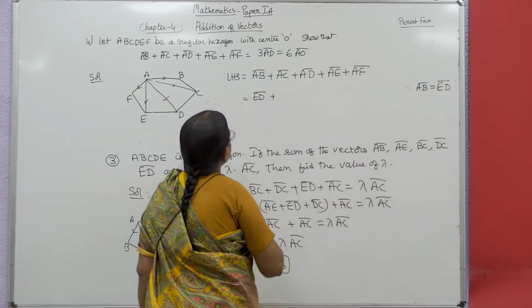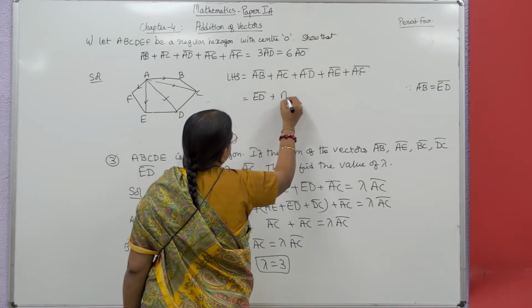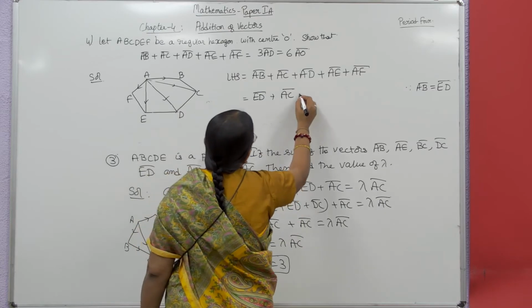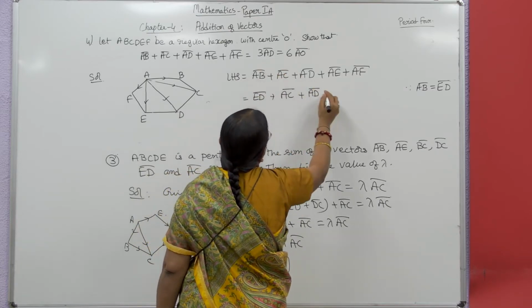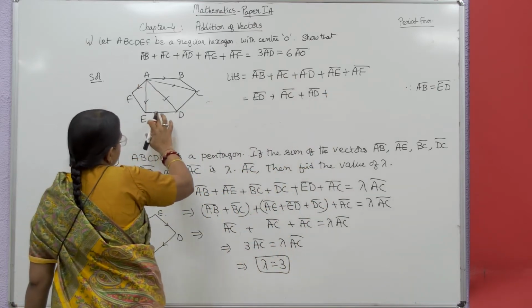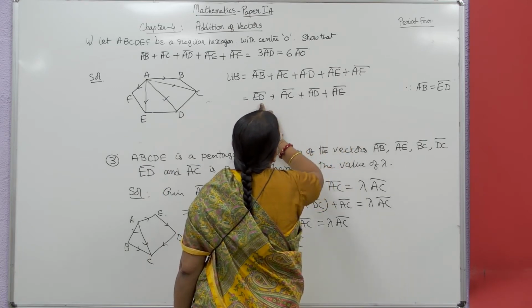Next AC, we will write as it is. Next AD also we will write as it is, because we should get AD. Next AE also as it is, because we can group AE and ED.